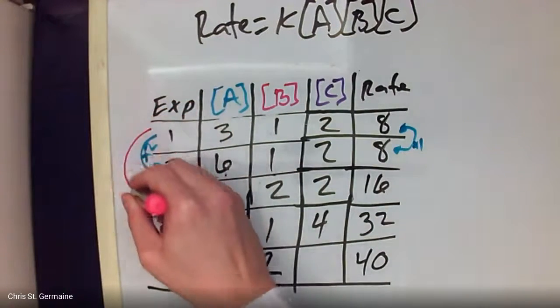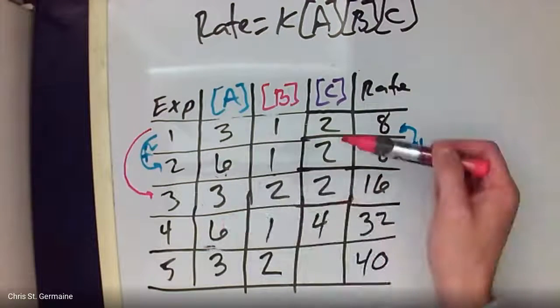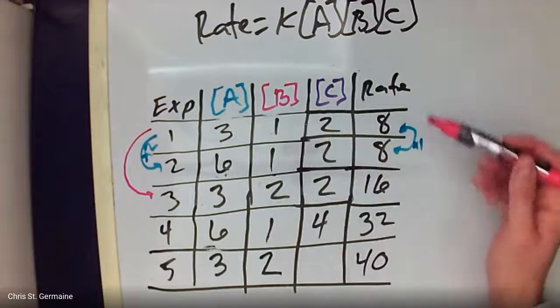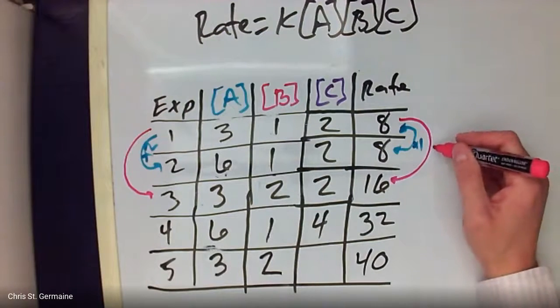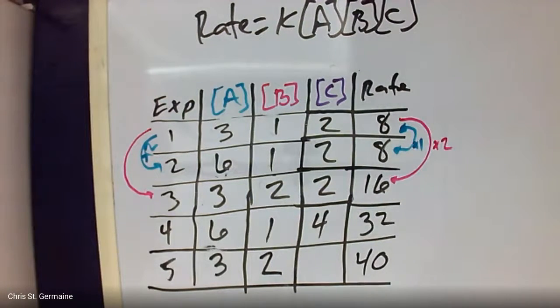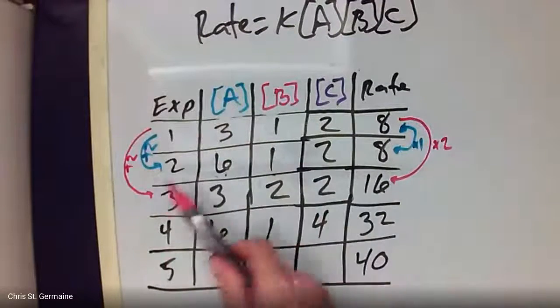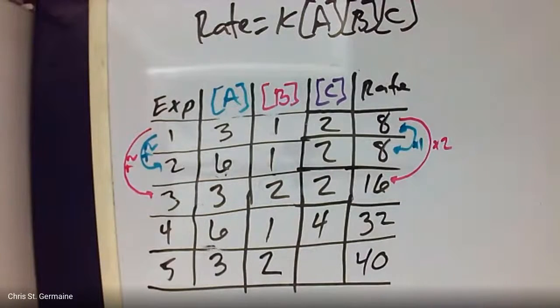So compare 1 and 3. A stayed the same, C stayed the same, B doubled. When B doubled, rate also doubled, times 2. So since they both did the same thing, B is first order.